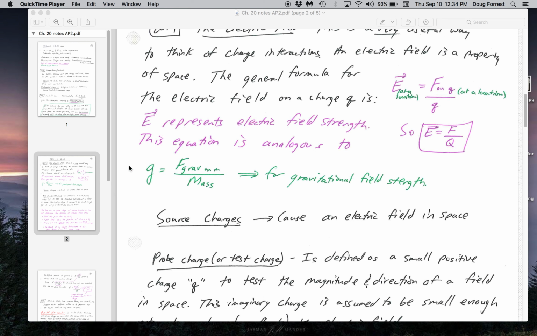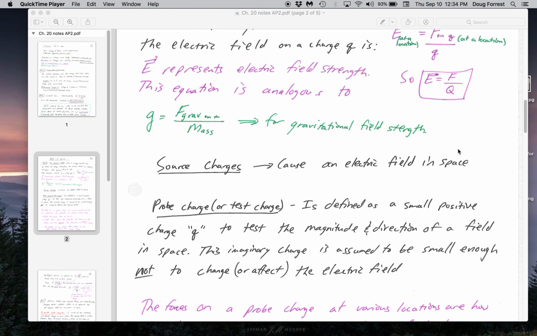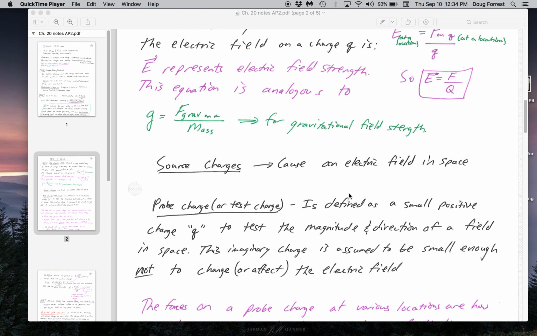It's analogous to this. When we think of gravitational acceleration, we think of a ratio of force to mass, newtons per kilogram. Here we think of a ratio of force to charge, newtons per coulomb. So source charges cause an electric field in space. Sometimes it's useful to think about the direction and magnitude of that field by thinking about something called a probe charge or a test charge.